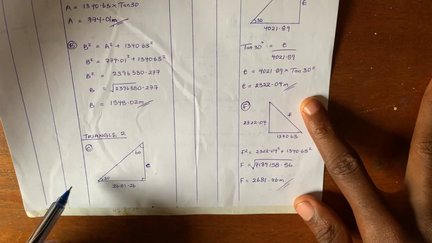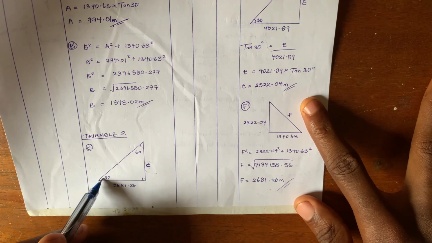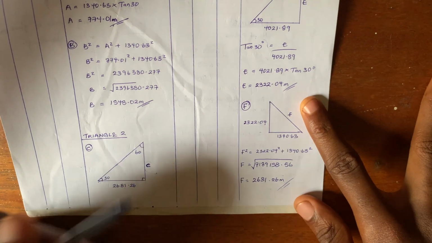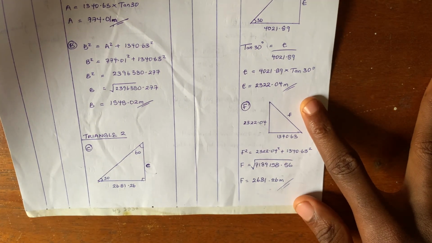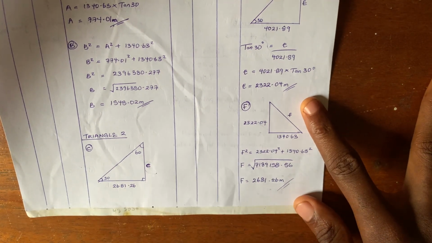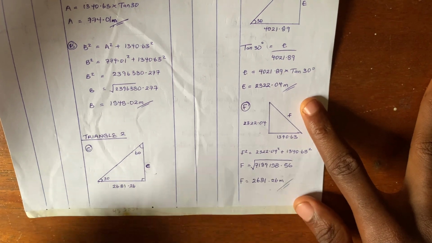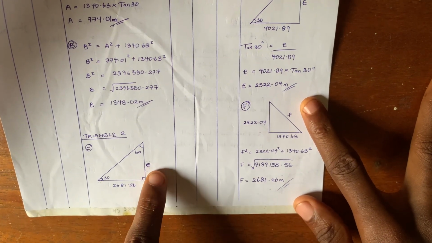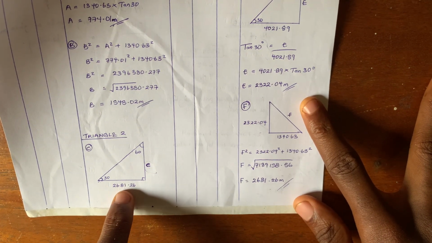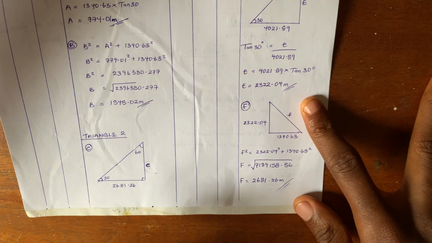So now we're looking for C. Then we define the triangle 30 degrees, 60 degrees. So how do we find C? You do the same thing, your SOHCAHTOA. We have our opposite, and we have our adjacent. So we're going to be using tangent.